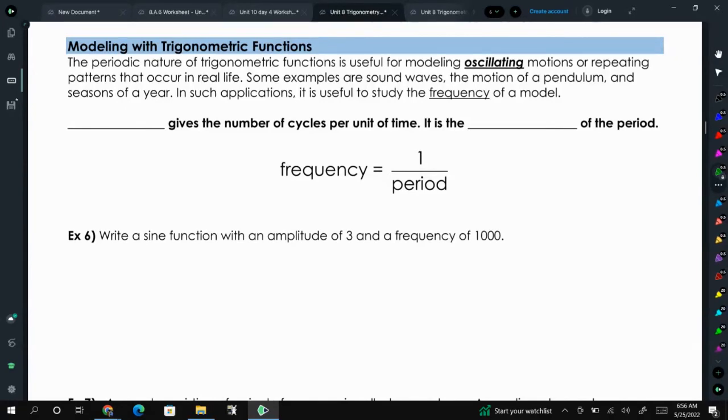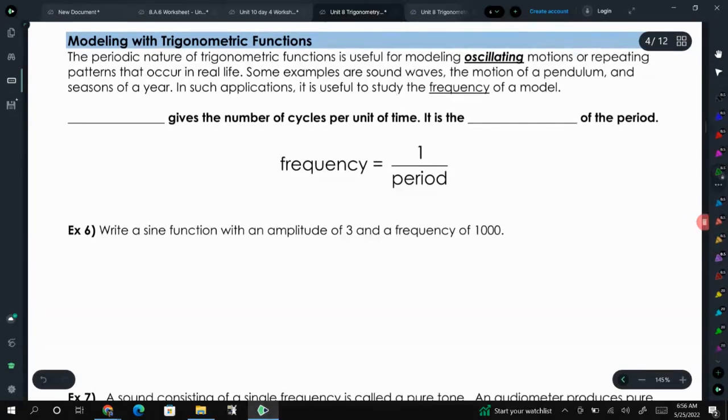In these applications, it is useful to study the frequency of a model. So frequency gives the number of cycles per unit of time. It is the reciprocal of the period. So that's why it says 1 over the period.